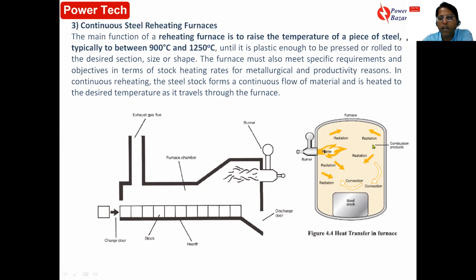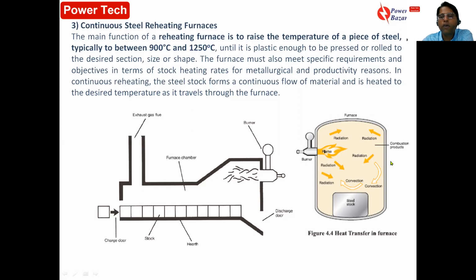So there is radiation from the flame, and the wall is also heated up. A refractory is placed for the wall, due to which the wall also radiates. And because the excess air or the dry flue gas travels in the medium, convection heat transfer also occurs from the dry flue gas to the steel stock.